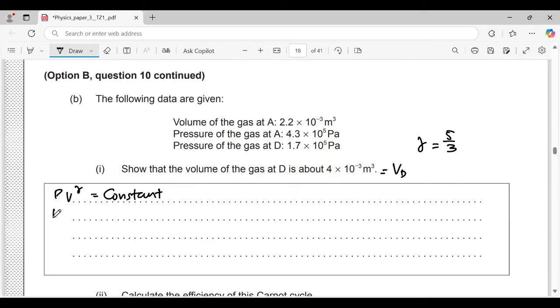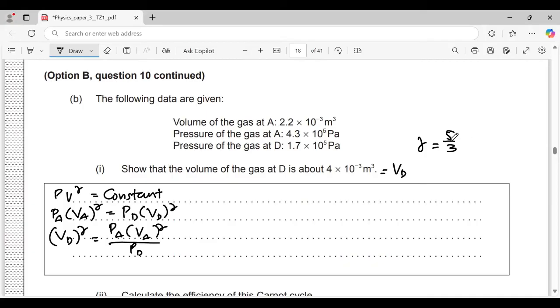So P_A times V_A to the power gamma equals P_D times V_D to the power gamma. If V_D is the subject, we can rearrange this equation, so V_D to the power gamma equals P_A times V_A to the power gamma over P_D.